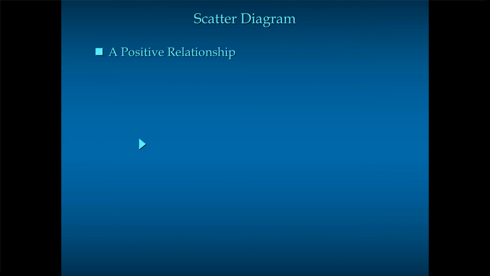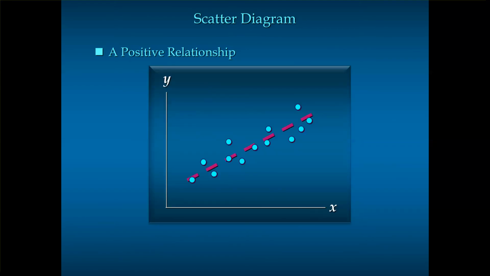So let's look at a few examples. What does a positive relationship look like? This diagram shows us a positive relationship. The blue dots on the diagram are the scatter, and the dashed red line is the trend line. When you look at this line, what does it remind you of in economics class?